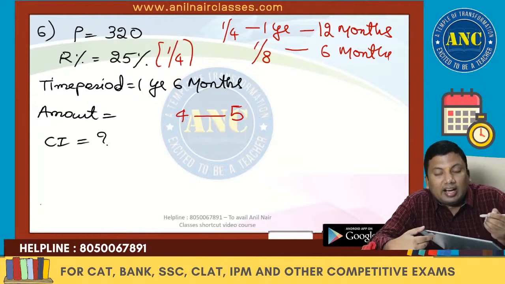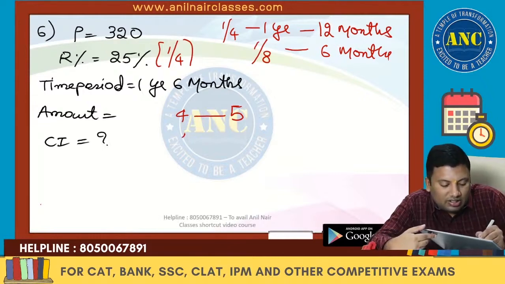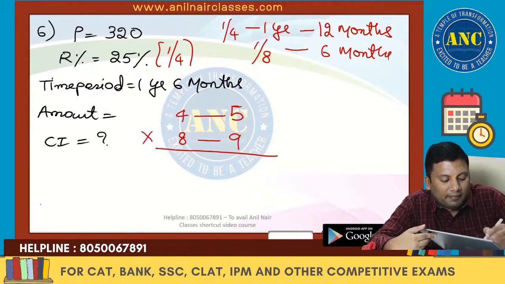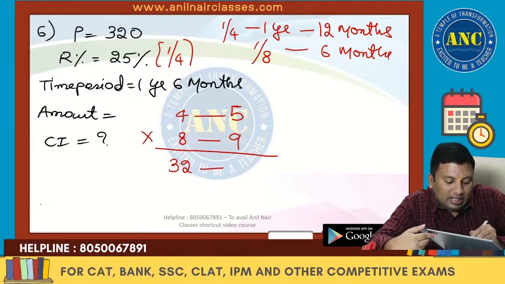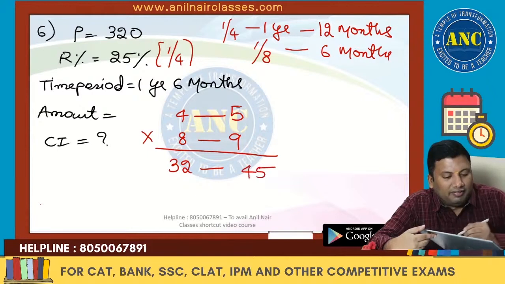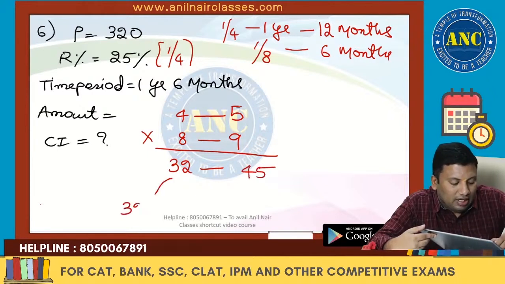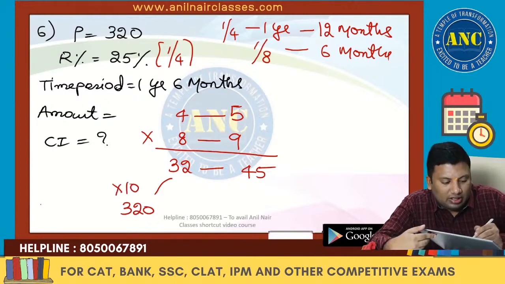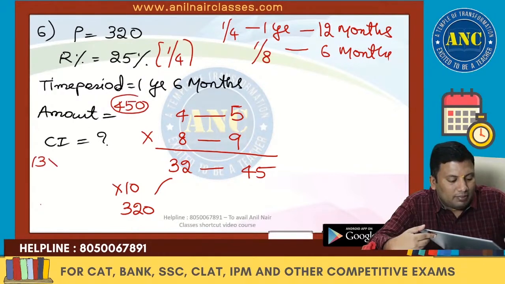In the second year I want it for 6 months. 6 months I got 1 by 8. 8, 1 increase, it is nothing but 9. 4 8s are 32. 5 9s are 45. So these 32 is becoming 320 into 10. So principal is 320. Amount is 45 into 10, which is 450. CI is nothing but 13 into 10, which is 130.